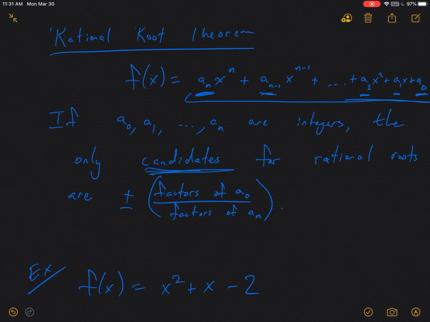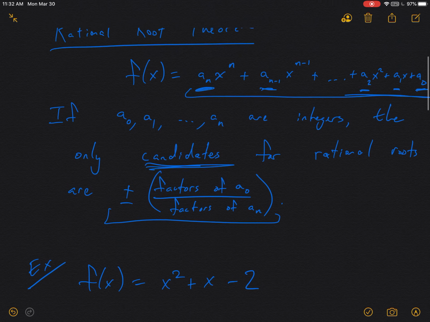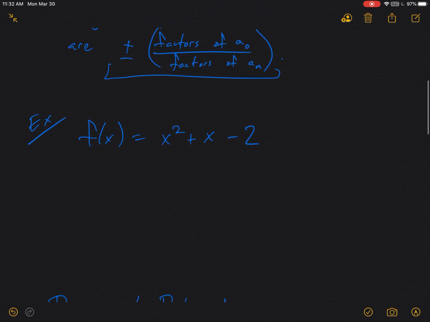That just says that the only candidates that you should have for rational roots are going to be plus or minus the factors of a0, which is the constant term, divided by the factors of your leading coefficient. So this gives us a complete list of all of the numbers that we should try plugging in as possible candidates for roots. So let me show you just a hands-on example involving this.